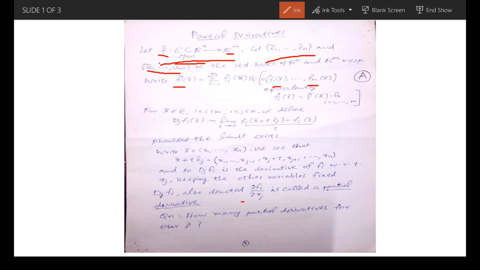So I can write f of x is equal to the ordered m tuple f1 of x etc. fm of x. So this is written as an m tuple. Now how do I express this m tuple in terms of the standard basis of Rm? It is a linear combination. How do you write? Sigma i equal to 1 to m fi of x ui.